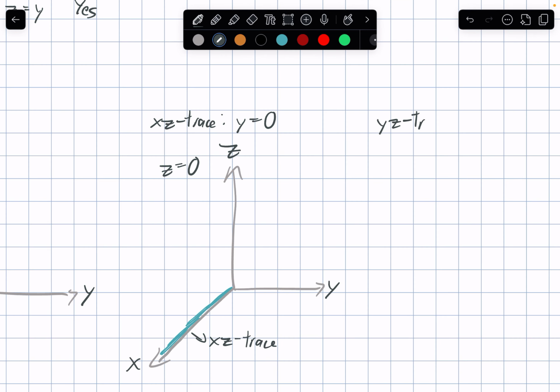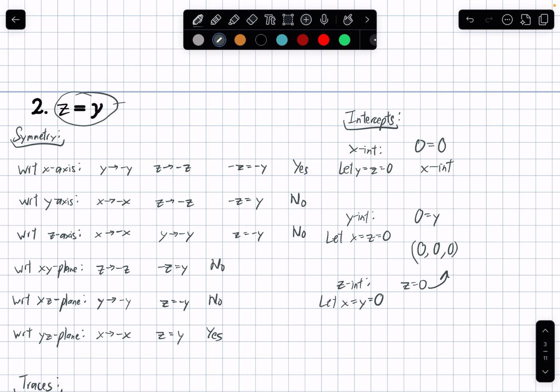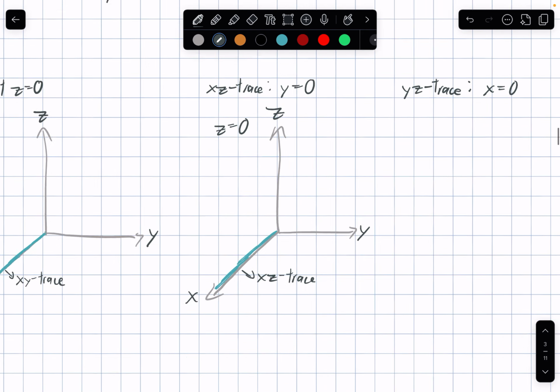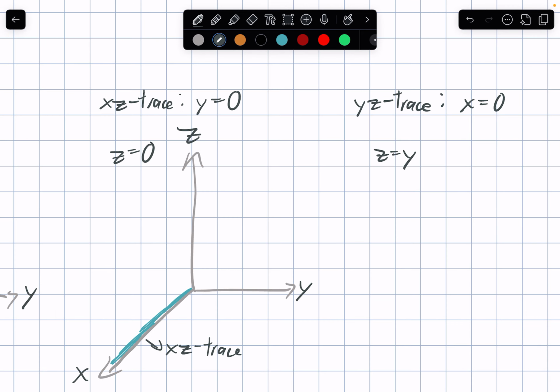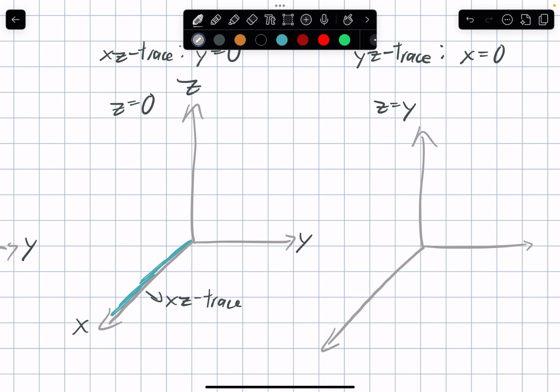Finally, let's draw the yz trace. So xyz, x is missing, x equate to 0. Is there x in this equation, the original? None. So we just write z equal to y, or in other words, just copy paste the equation. Then draw that. How do we show that z is equal to y? Again, let's label x, y, z.